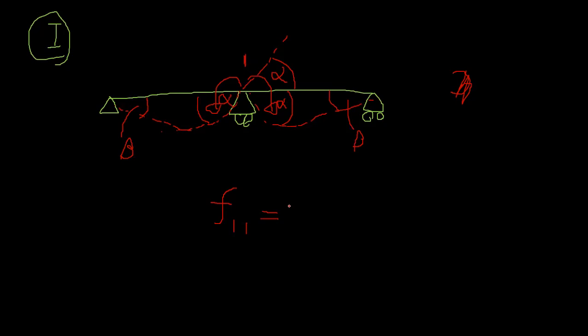So that is 2 alpha, right? So here, displacement at second coordinate due to the redundant at first coordinate. So that is beta, right? So we can go ahead and find what is alpha and beta from the appendix.